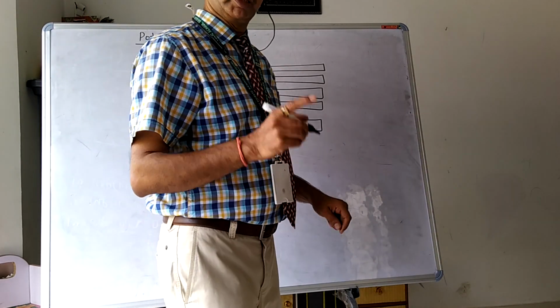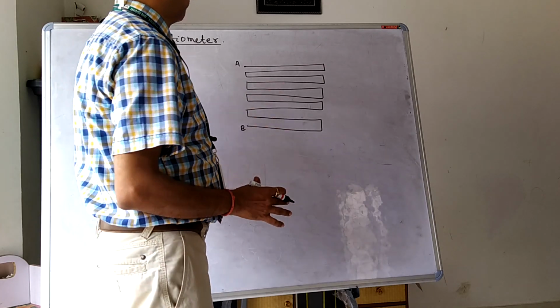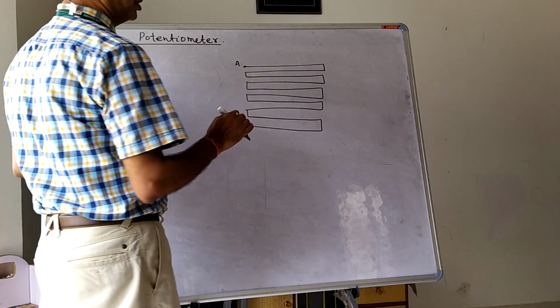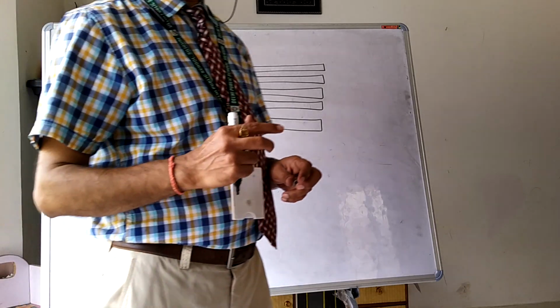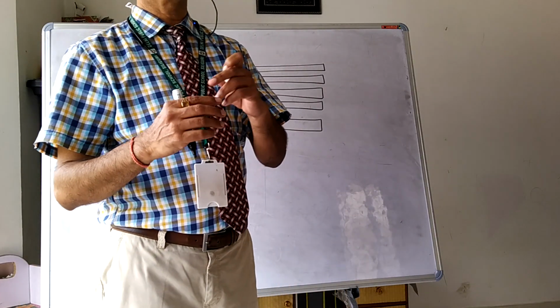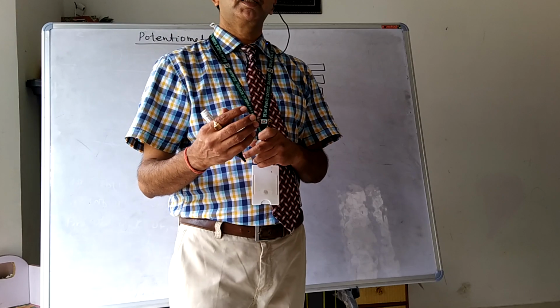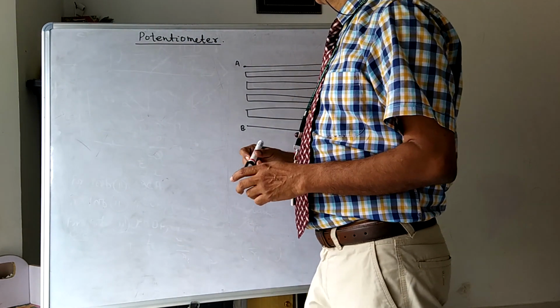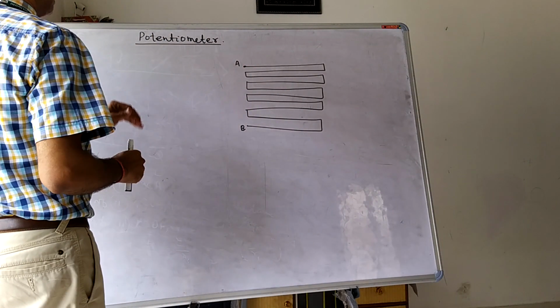Each wire is of 1 meter, so generally it is 10 meters. These two ends will be connected to the source of EMF, and then we will also use the primary cells whose EMF we are going to determine.